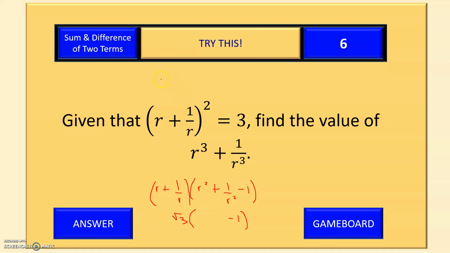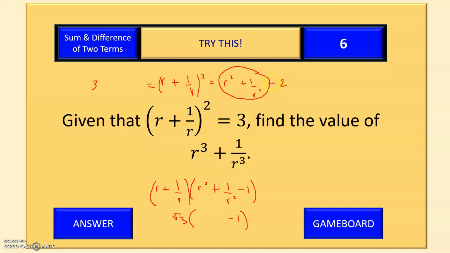So, note that, if I'm going to square r plus 1 over r, that's actually equal to r squared plus 1 over r squared, plus 2. Note that this r plus 1 over r to be squared is actually equal to 3. But I'm after for the value of r squared plus 1 over r squared.